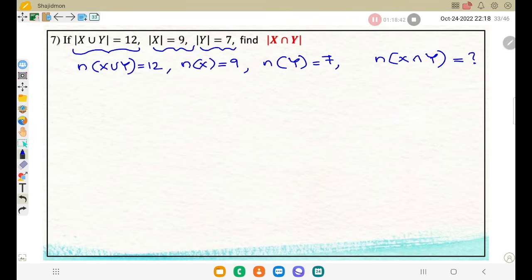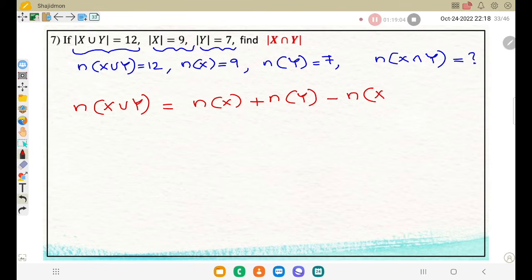We studied one rule, the relation connecting union and intersection. Remember all of you: n of X union Y equals number of elements of X plus number of elements of Y minus number of elements of X intersection Y. This is the rule.